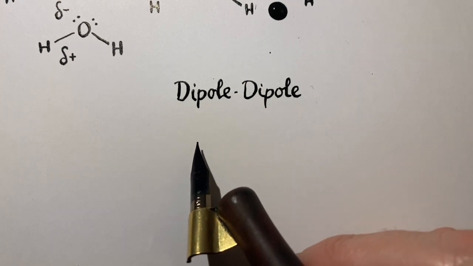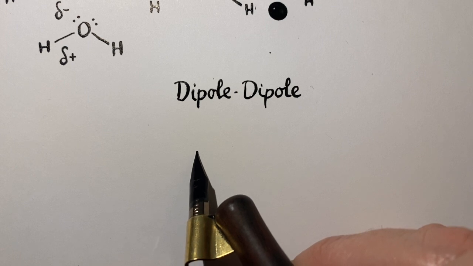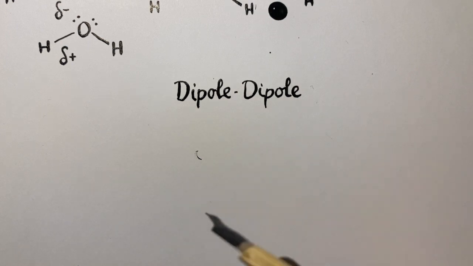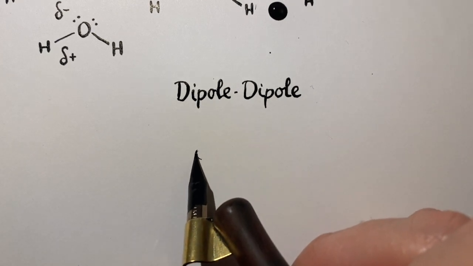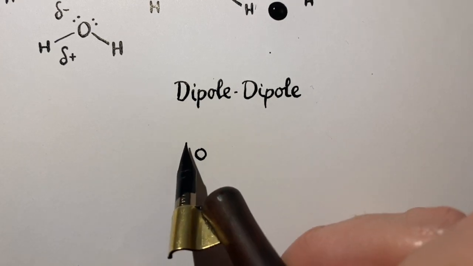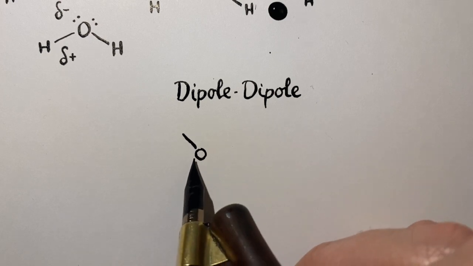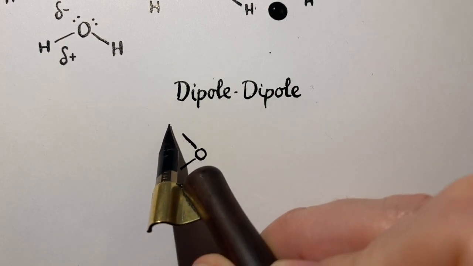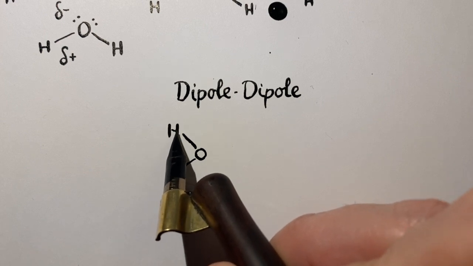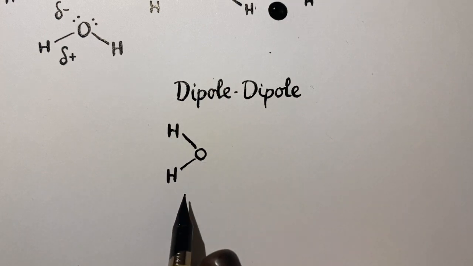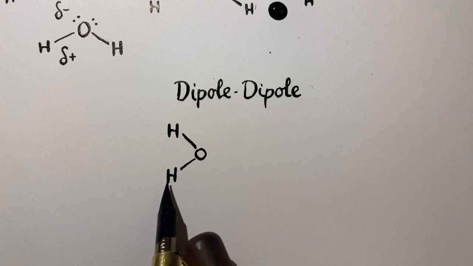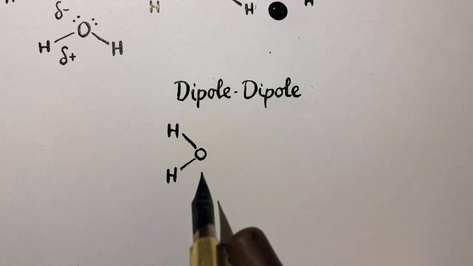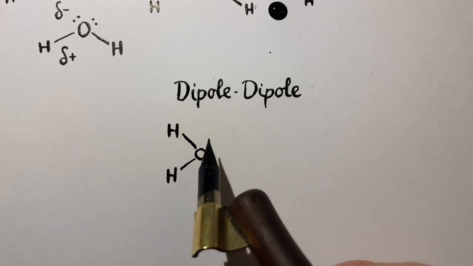So we already drew out water, so let's continue that thought. So I'll draw a water molecule here. And again, we can consider how it's asymmetrically distributed in terms of electron density.